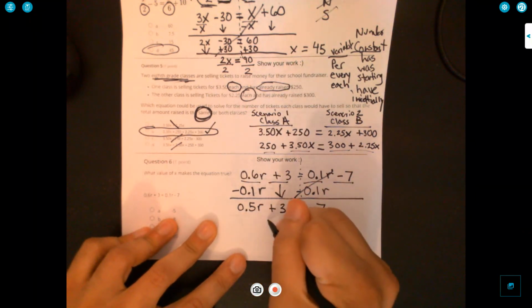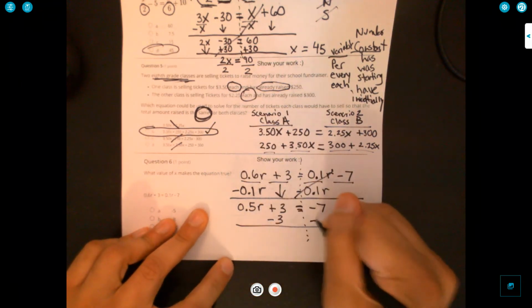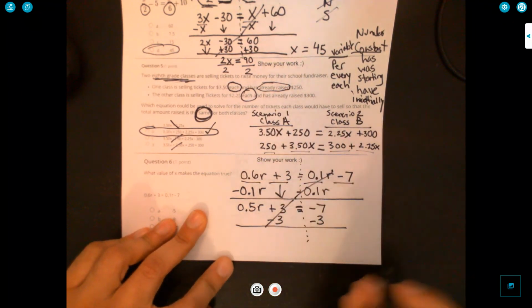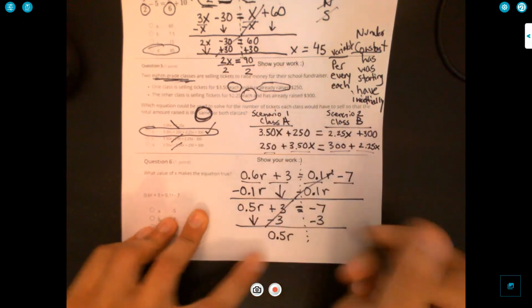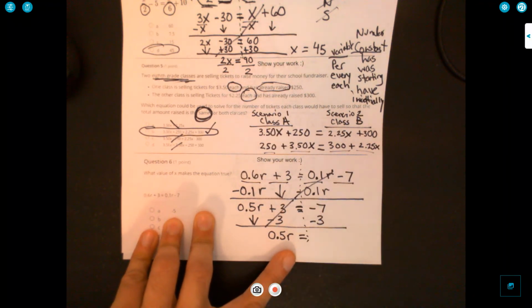So to get rid of this, I got to subtract 3. And subtract 3 from the other constant term. Rewrite my equation, that cancels out. We get 0.5r is equal to negative 7 minus 3. That comes out to negative 10.